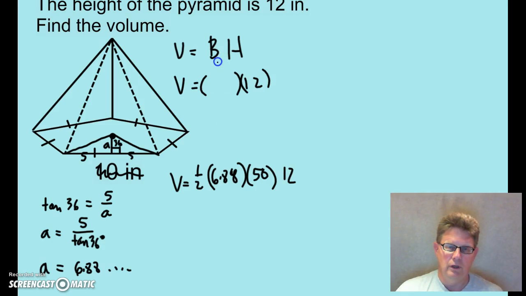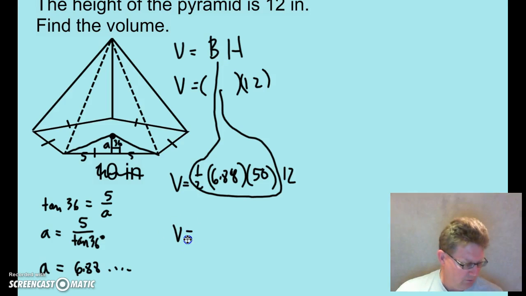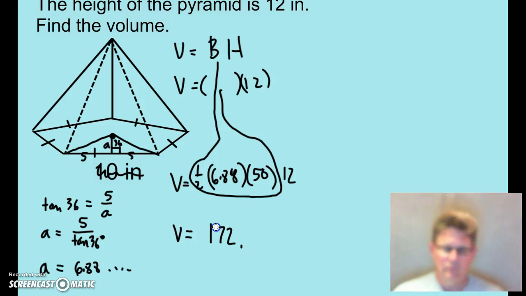When you multiply that all out, you get 172.0 inches cubed. Since we didn't use pi, we're only going to go out to one place.